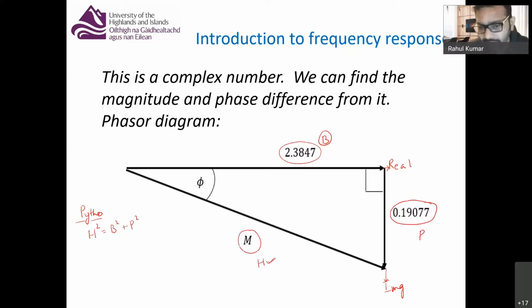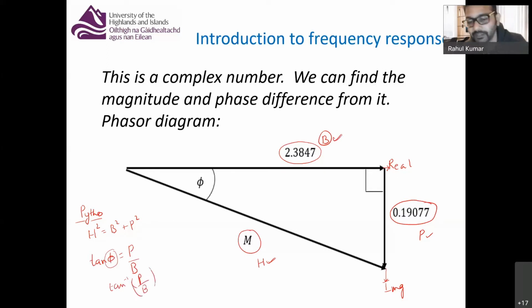Okay, I've done the calculation, that's why I'm not solving it right now. It's in the next slide. And similarly, if you remember, tan of any angle is perpendicular upon base. So perpendicular will be this side and the base is this one, right? So if you have to calculate phi, you can take tan inverse of perpendicular divided by base.